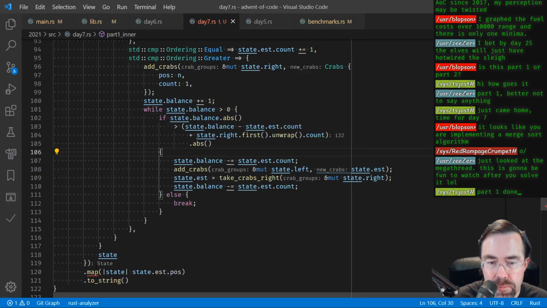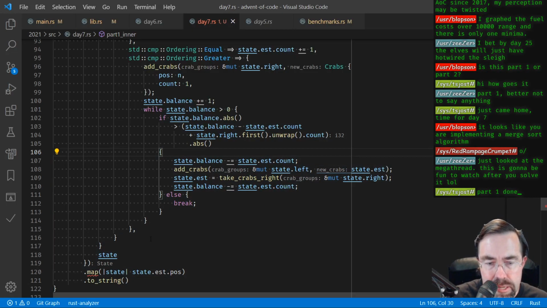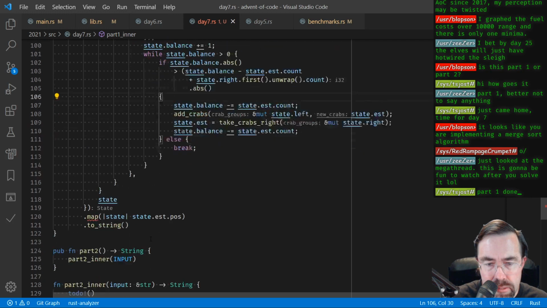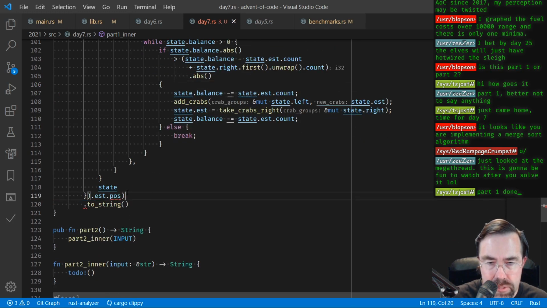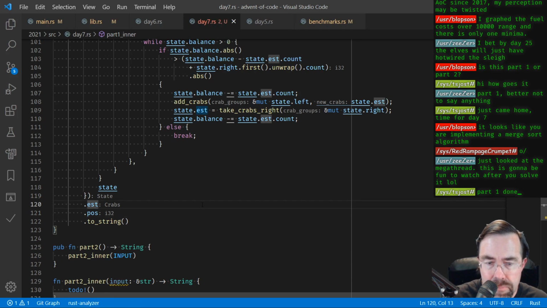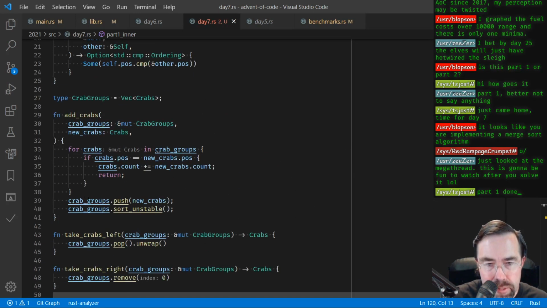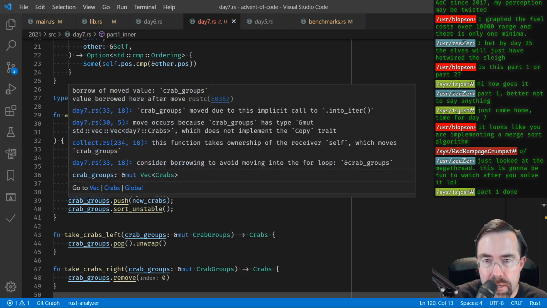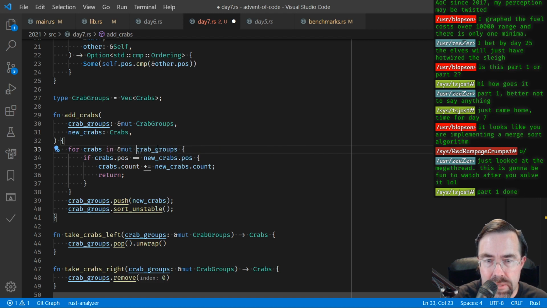Okay, now what does it not like about my map? It says it's a state. Oh, right, I just do dot estimate position. There we go. All right, are we ready for me to fail? No, we're not ready because, oh, we need to borrow this. Shoot. How does this work?